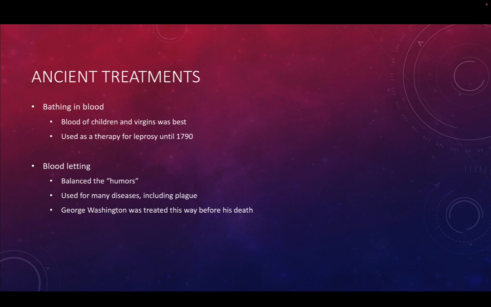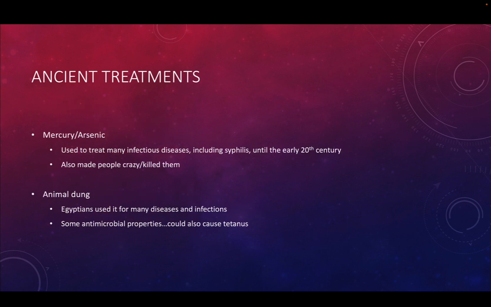And you might picture the blue, white, and red striped pole that they have outside of a barber shop. The barbers used to be the bloodletters. So the red represents the blood that they would remove from the body. And George Washington was treated this way before his death. And probably he had a little bit too much blood removed, and it might have accelerated his death.